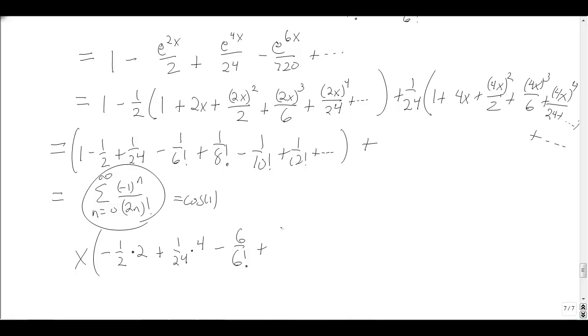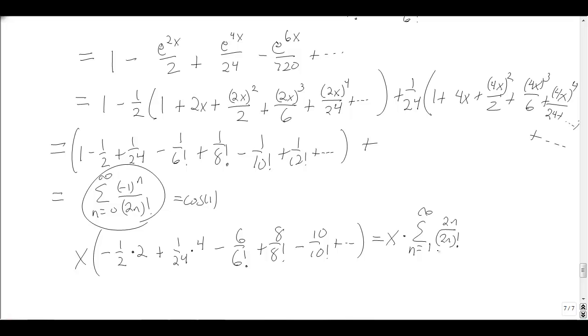Next one will be 8 over 8 factorial, and then minus 10 over 10 factorial. So what you're going to get here is x times the sum, n equals 1 to infinity, of 2n over 2n factorial. This is getting to be a mess. So I can do this, and the problem is now, what is that number there?